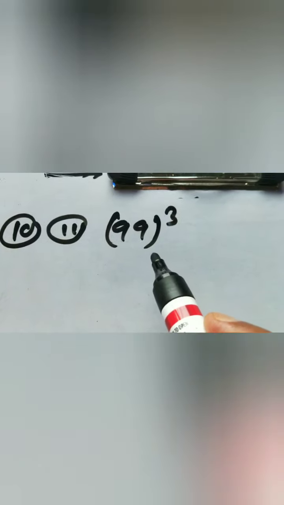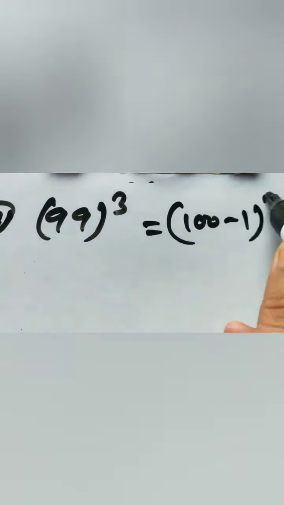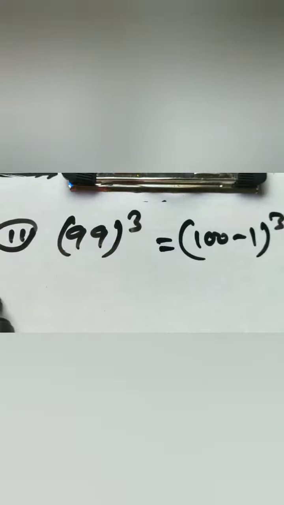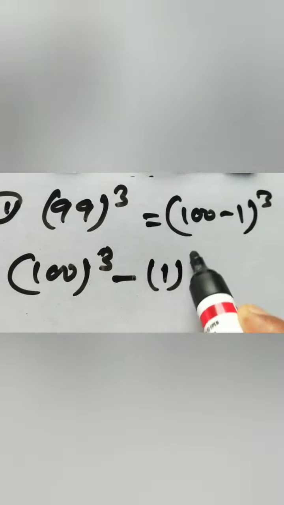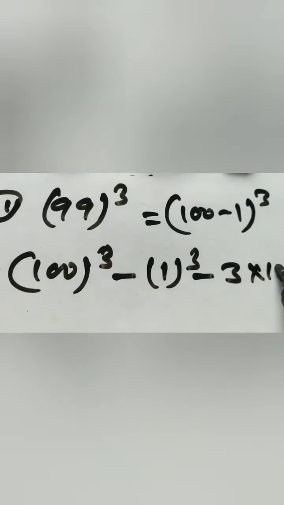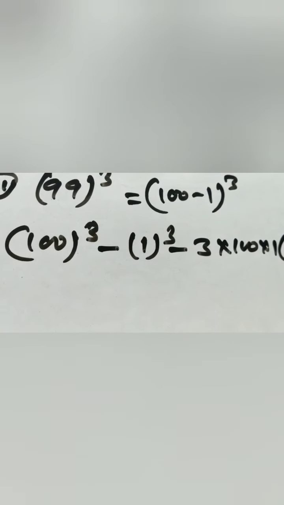Okay, now let us see 99 the whole cube, you have to find. So this can be written as 100 minus 1 the whole cube. Now a minus b the whole cube is equal to a cube minus b cube minus 3ab into a minus b.